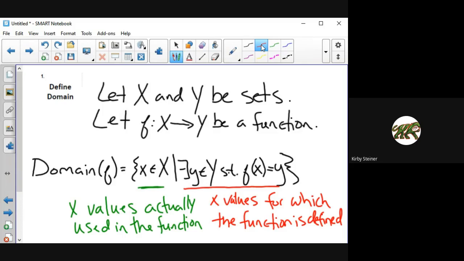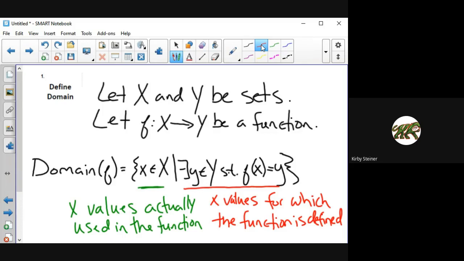If the function isn't defined, then there's not going to be a y in Y such that f(x) = y. Only if the function is defined does such a y value exist. So these are the two components: x in X such that there exists a y in Y such that f(x) = y.